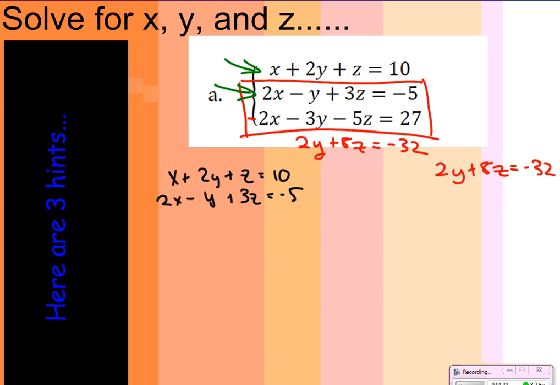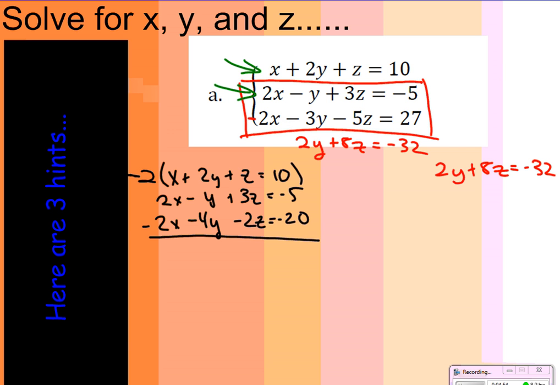In order to do that, what I need to do is get the same thing in front of x. So I'm going to multiply this top one by a negative 2. Then I'm going to rewrite it underneath. So it'll be negative 2x minus 4y minus 2z equals negative 20.